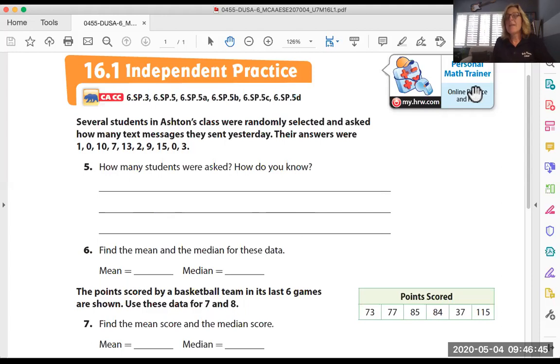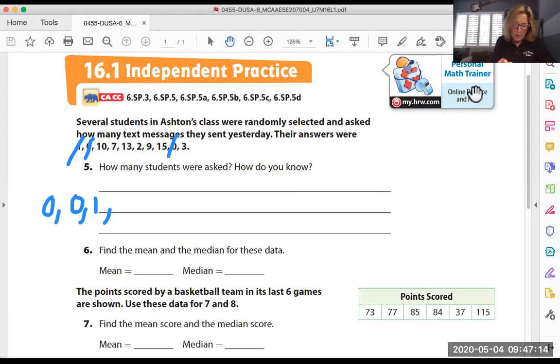The first thing you should always do, because it just makes it simpler, is to list the data in order from least to greatest. So I'm going to do that here. You might need to do that on a different piece of paper. I see we have a 0 and a 1, and another 0, so I'm going to put it there.